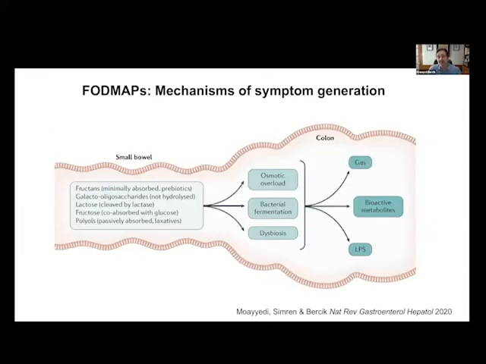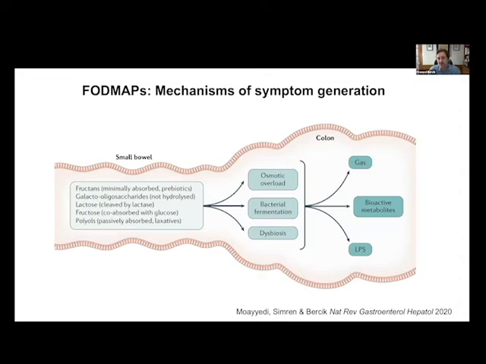Now, when we think about the possible mechanisms, first, FODMAPs are a quite heterogeneous group of compounds. We have fructans, galacto-oligosaccharides, lactose, and it has been clearly shown that lactose intolerance can trigger symptoms similar to IBS. We also have fructose and polyols, which, especially polyols, can be used as laxatives.